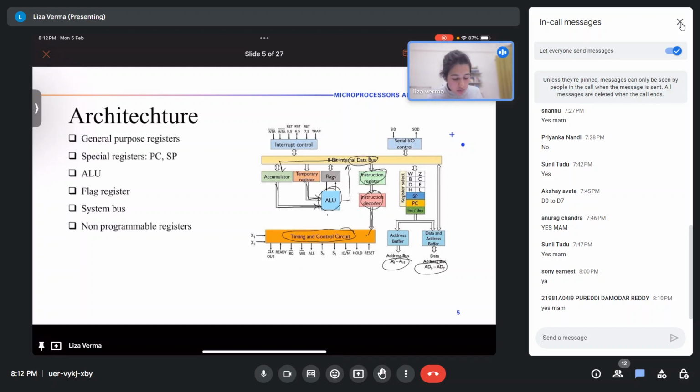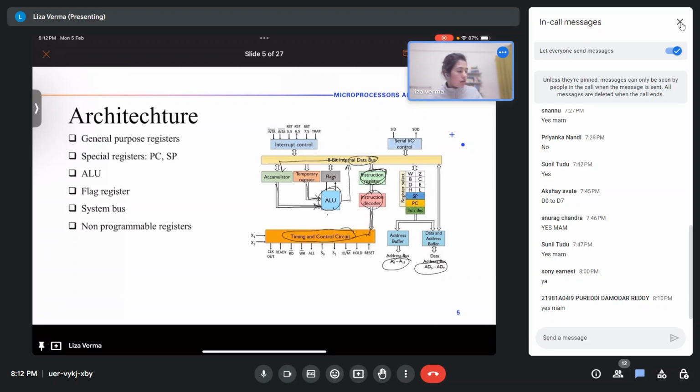The instruction register will hold the instruction. It will know what instruction is fed in and what operation is to be done on the data. The instruction register gets the instruction and sends it to the decoder. The decoder decodes what operation is to be done, and it is sent to the control circuit, which then directs the accumulator, ALU, or whatever operation is to be done, and in that way the instruction is executed.